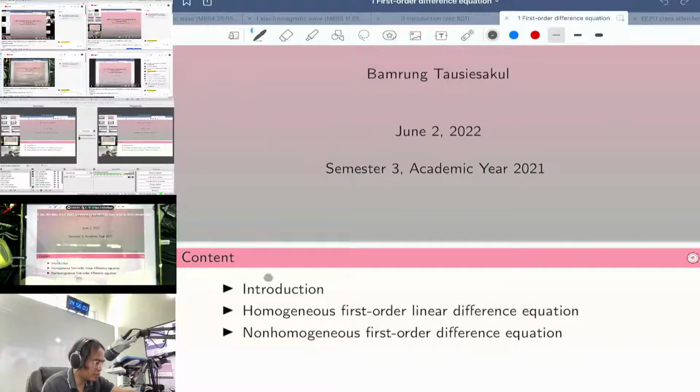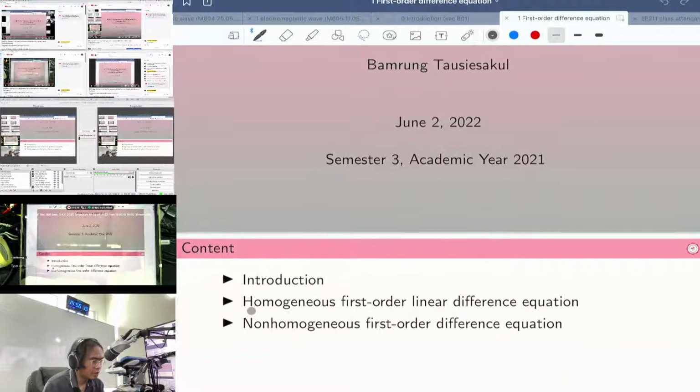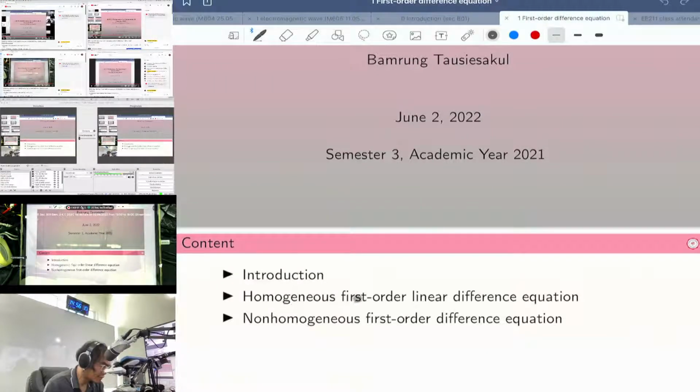Next, we introduce many basic mathematics stuff, like sets, set of real value numbers, set of complex value numbers, and now we will start with the first type of the first order linear difference equation, which is the homogeneous case.